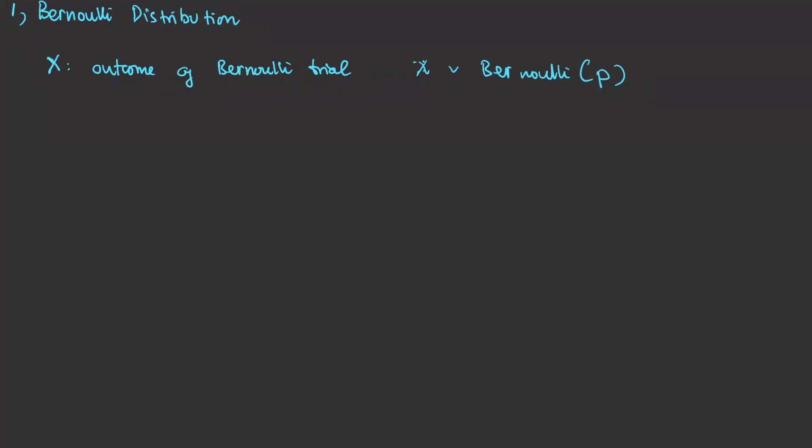And this parameter P that you're seeing here is the probability of success in a Bernoulli trial.